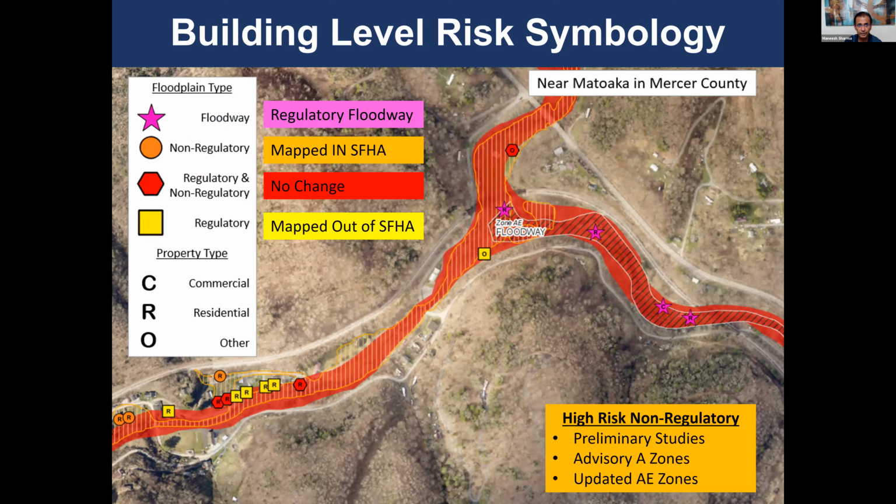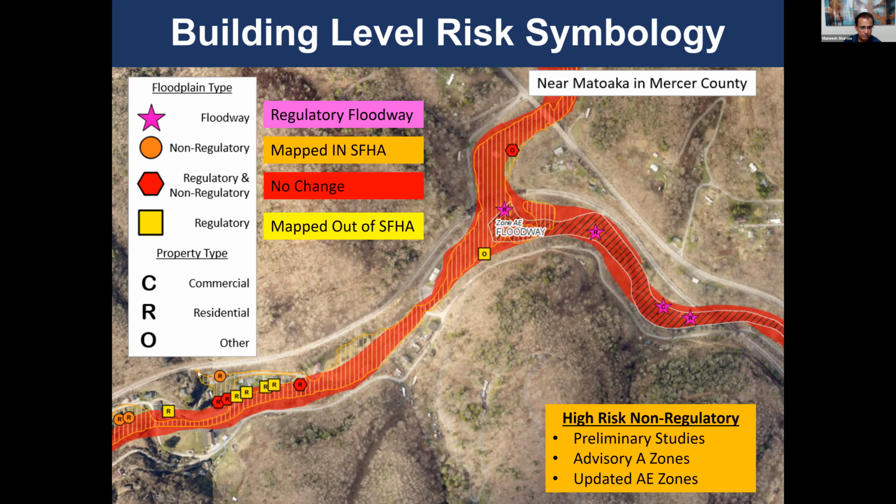In the context of the map, the future map condition, I thought it was good to show in terms of map context. So you see here the star right in the floodway. It shows up this way. Here you see these hexagons. So not in the floodway, but still in SFHA.